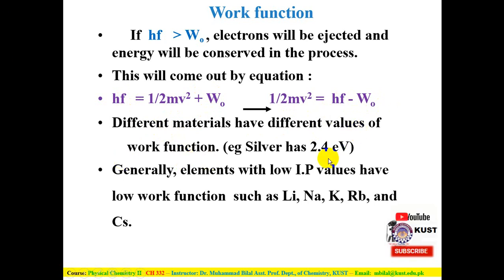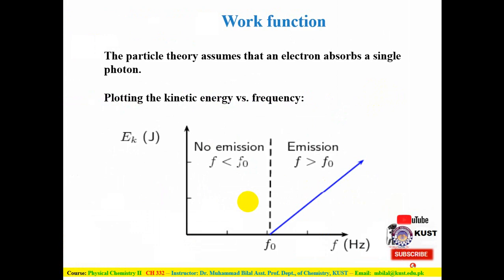For example, silver has 2.4 electron volts. So the work function will be different for different metals. Generally, elements with low ionization potential have low work function, such as lithium, sodium, potassium. The first group elements have lower work function.